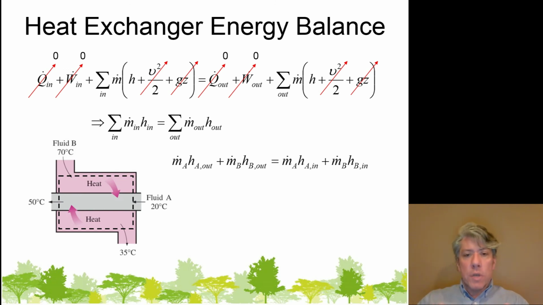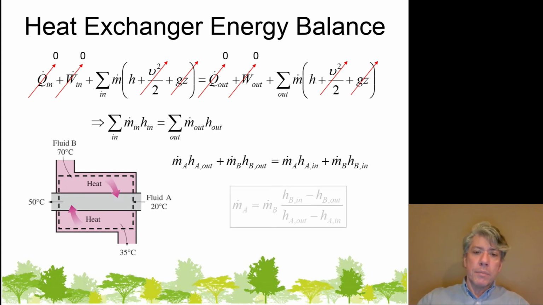Okay, so the first two terms, again, I've flipped it around on you, I'm sorry, but the two terms on the left now, m_A h_A out plus m_B h_B out, those are talking about the power carried out in the two exiting streams for A and B, whereas the terms on the right-hand side talk about the power carried in by those two fluid streams at A and B.